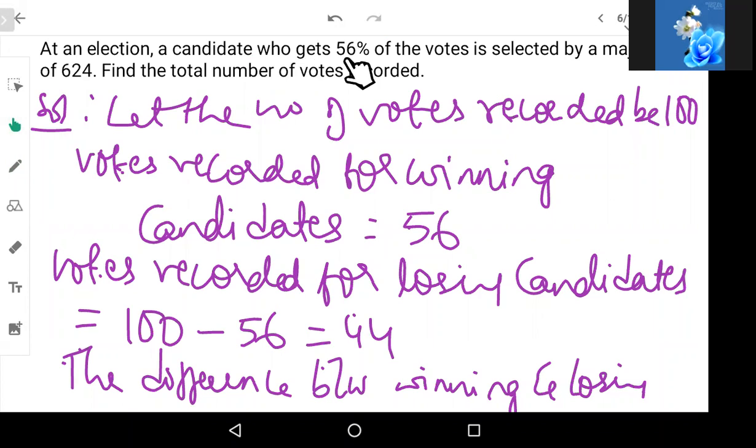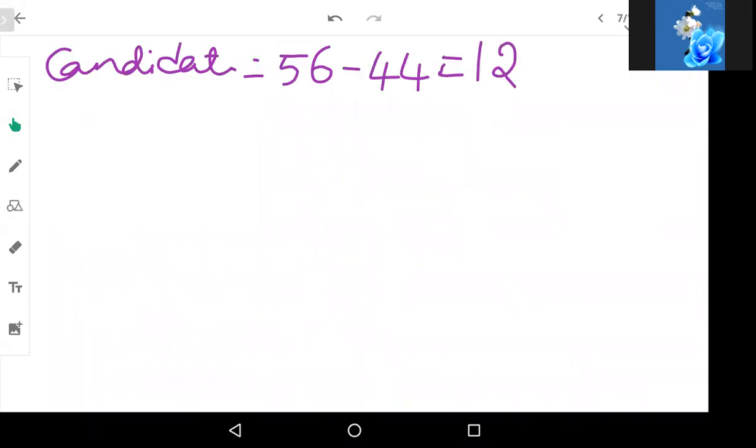A candidate who gets 56% of the votes is selected by a majority of 624. Whoever gets 56% of the votes is selected by a majority of 624. Now, for this, we have to show the calculation.